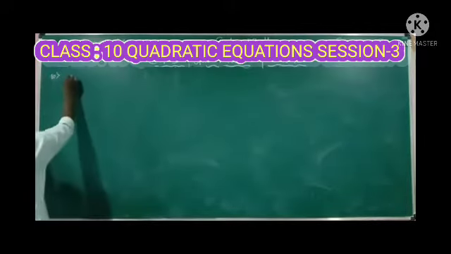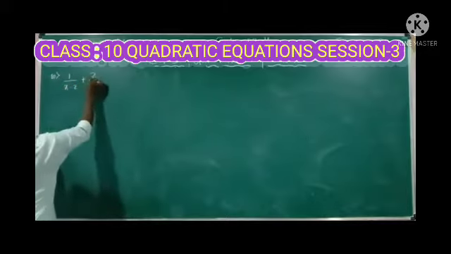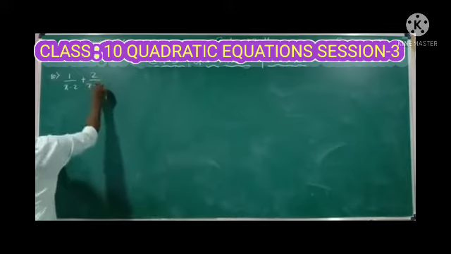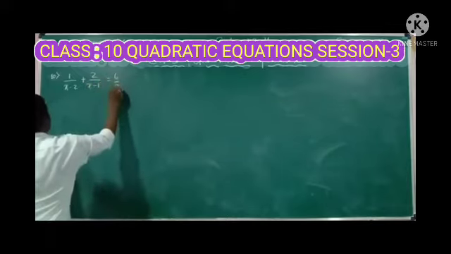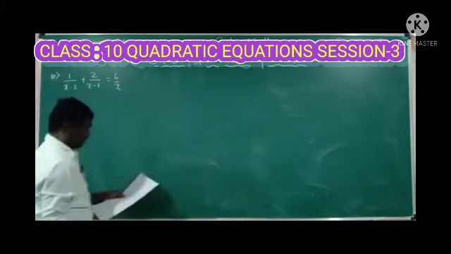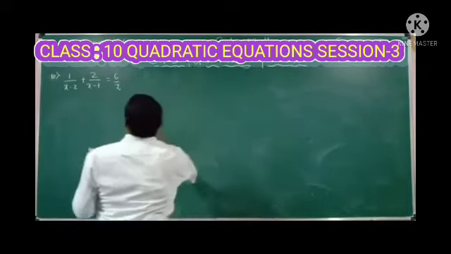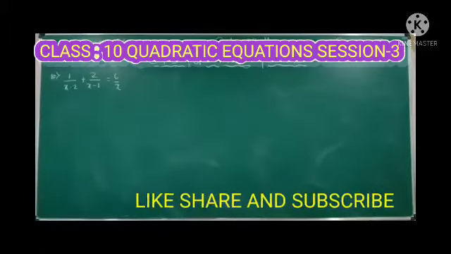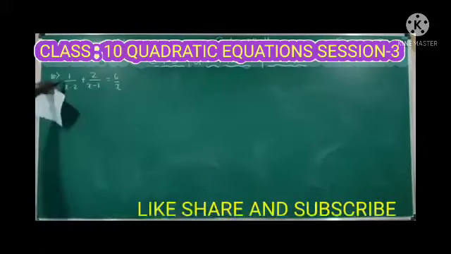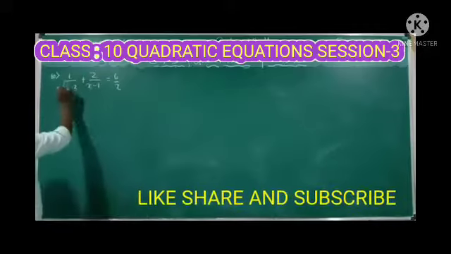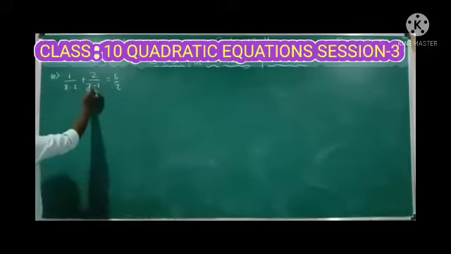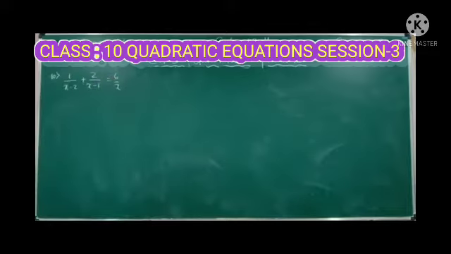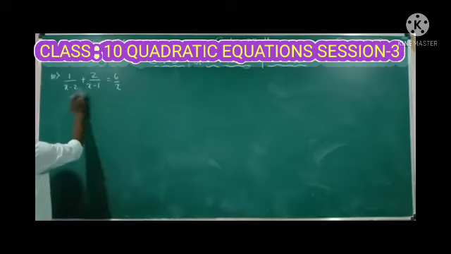10th one: 1 by (x minus 2) plus 2 by (x minus 1) is equal to 6 by x. First we need to simplify this question. So what is the given question here? 1 by (x minus 2) plus 2 by (x minus 1) is equal to 6 by x. First take the LCM of these two LHS terms.